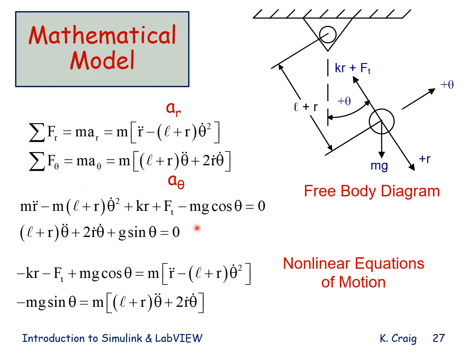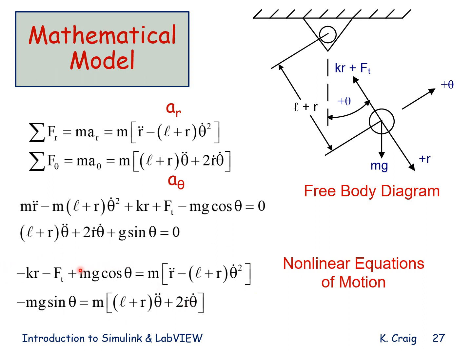These two equations are coupled, as I have r and theta and their derivatives in both equations, and they cannot be solved analytically. And so, since they can't be solved analytically, I must use Simulink to solve them numerically. So here are our nonlinear equations of motion.